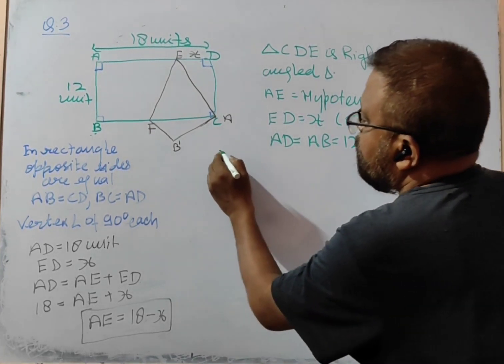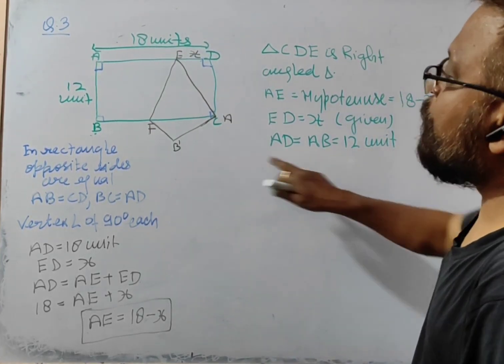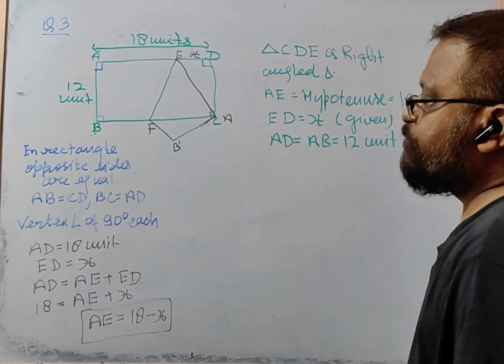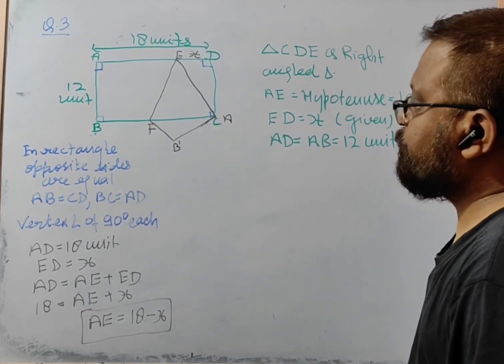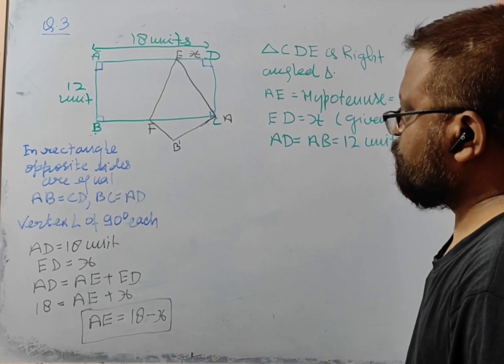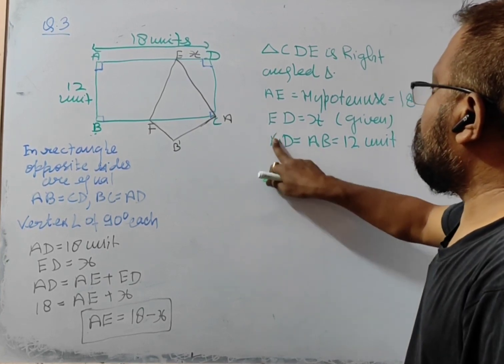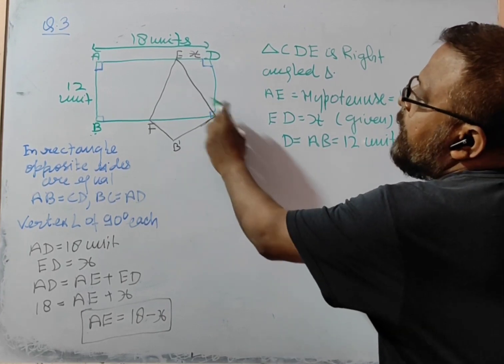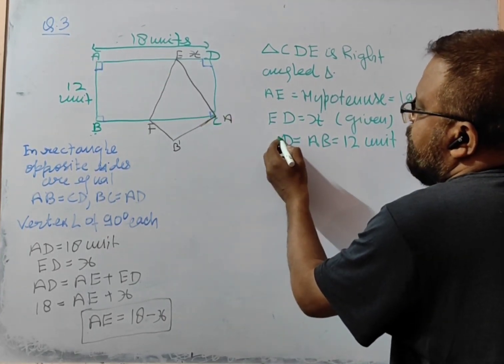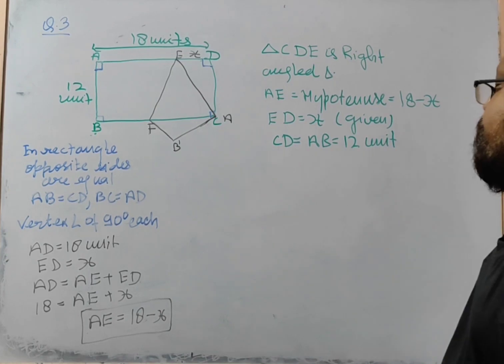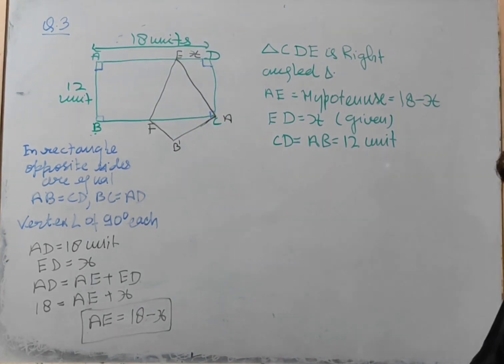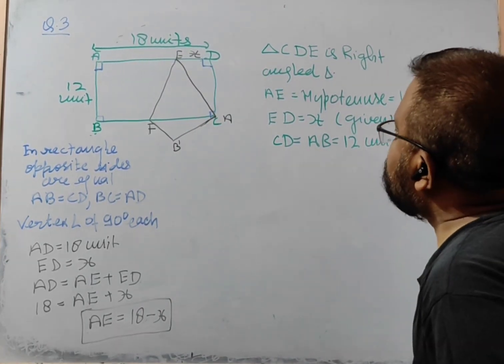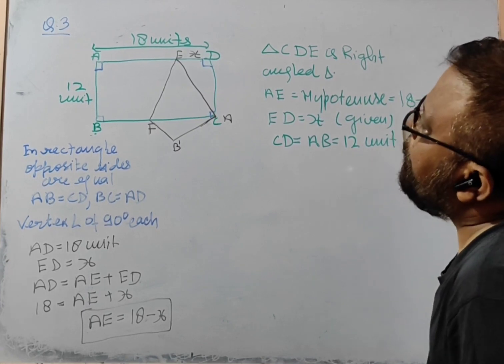So AD is equal to AB. No, not AB, this is CD. We are having a vertex, this A overlaps, so this is CD, right? CD is equal to AB.